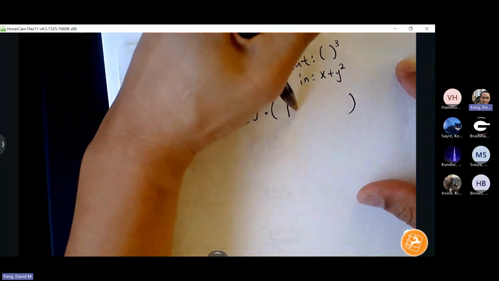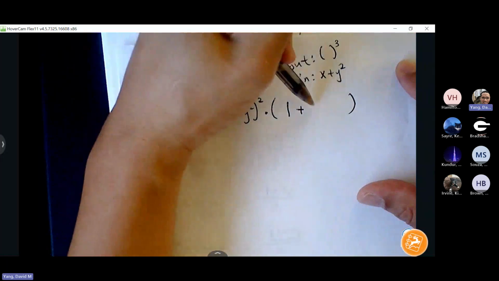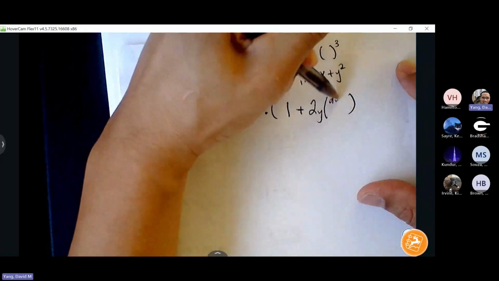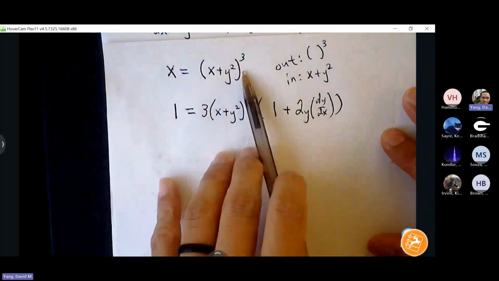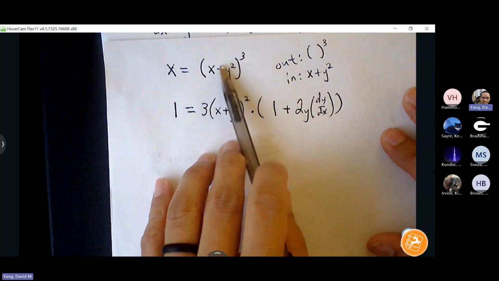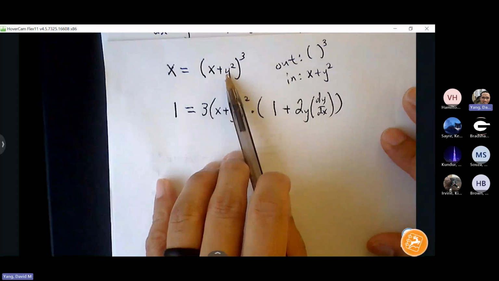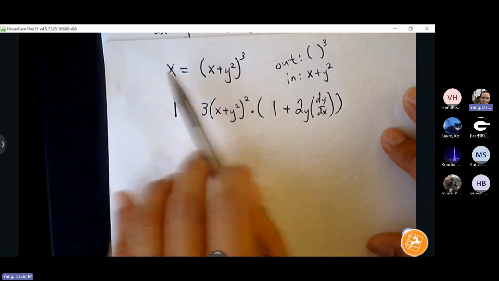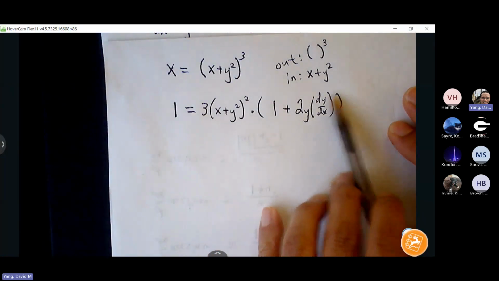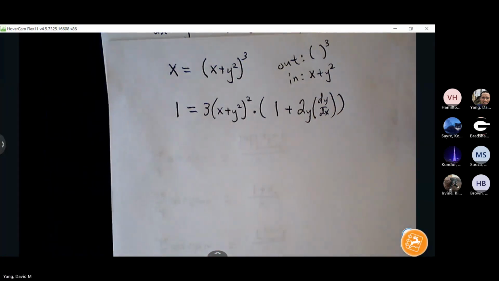So x becomes 1 and y becomes 2y dy dx. Also, if you look at your equation here, there's only one y instance, so you're only expecting one dy dx to pop up.